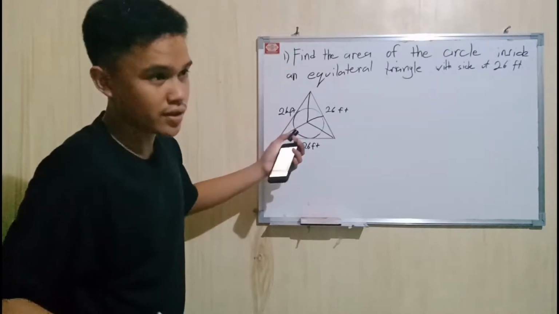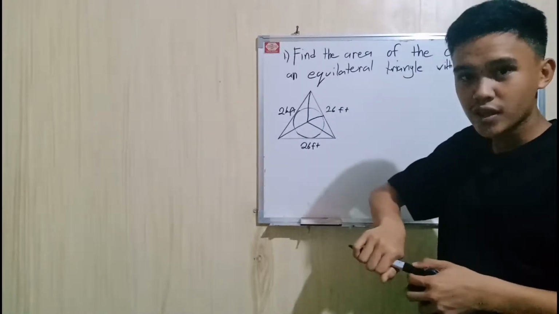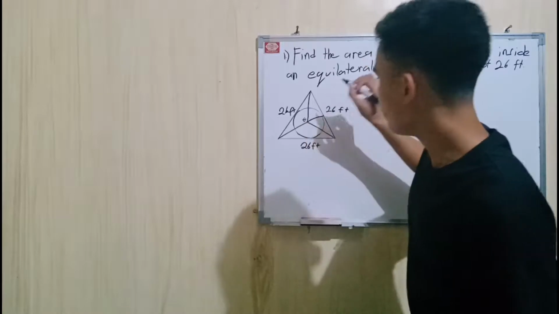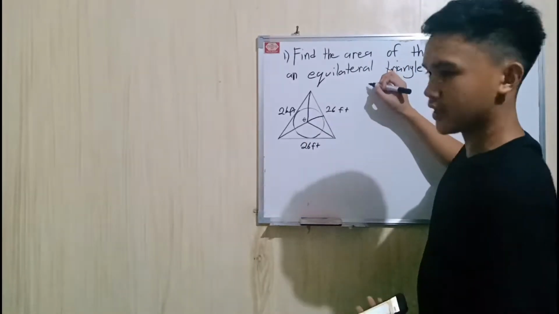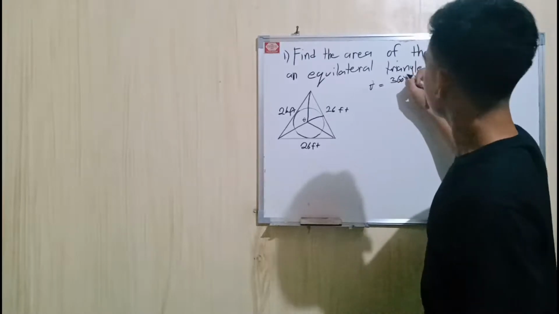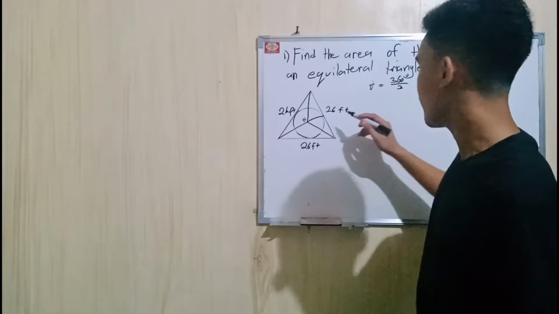To solve this, it will be this way. First, solve for theta, or the degrees here. So theta is equal to 360 degrees over 3 because it consists of 3 triangles.